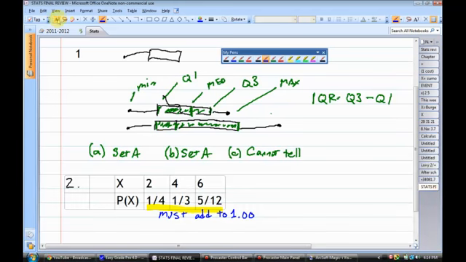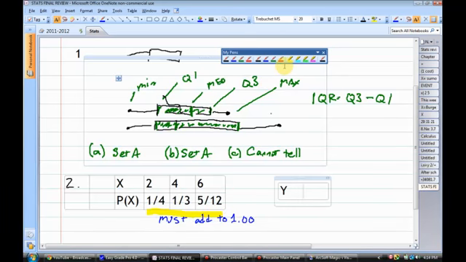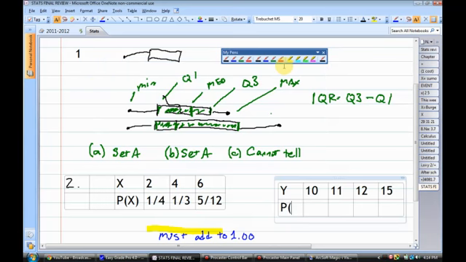Okay, we can get the second one for Y. So our Y distribution, our Y could be 10, 11, 12, 15. I think that's supposed to be 15. That would change things, right? Changes everything.